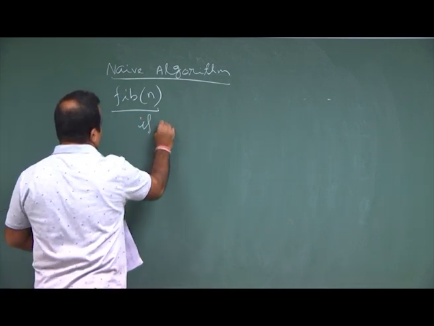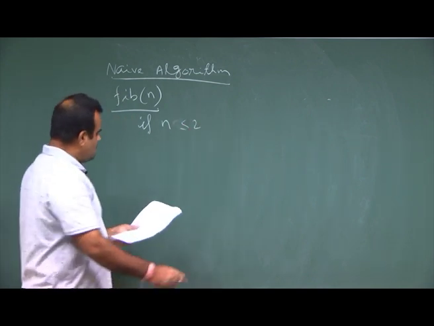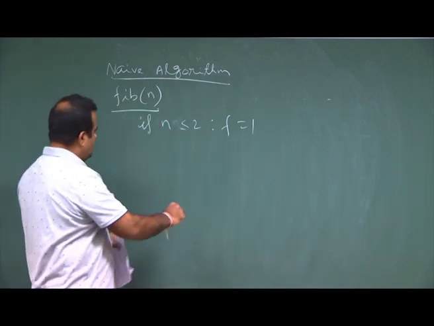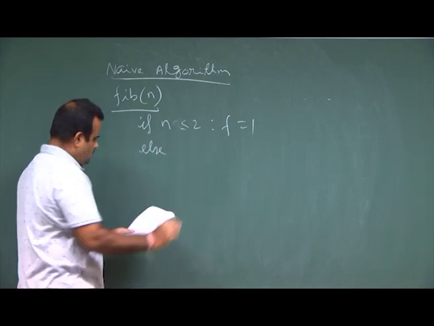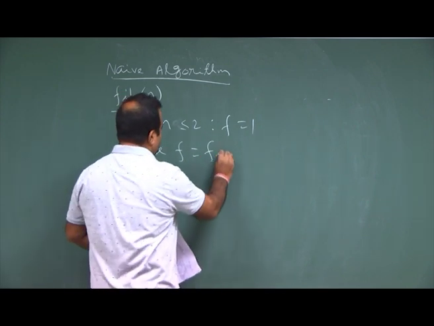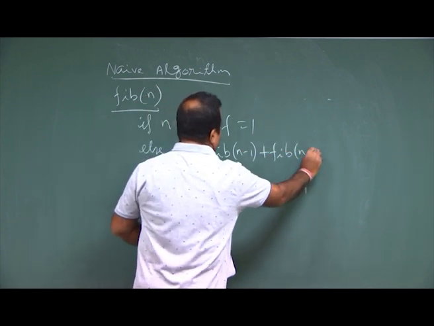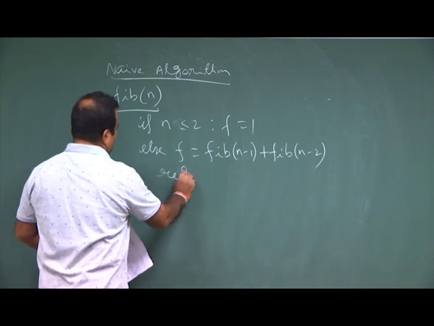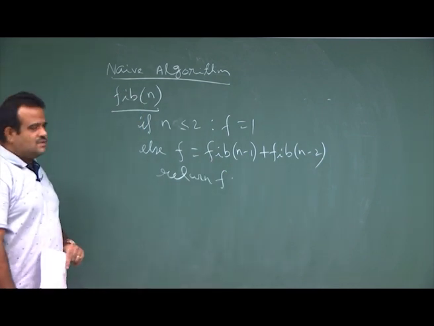Now, if n is less than 2, we return 1. This is the base case. Otherwise, we compute fib of n minus 1 plus fib of n minus 2, and we return f. Okay, so this is the naive algorithm.